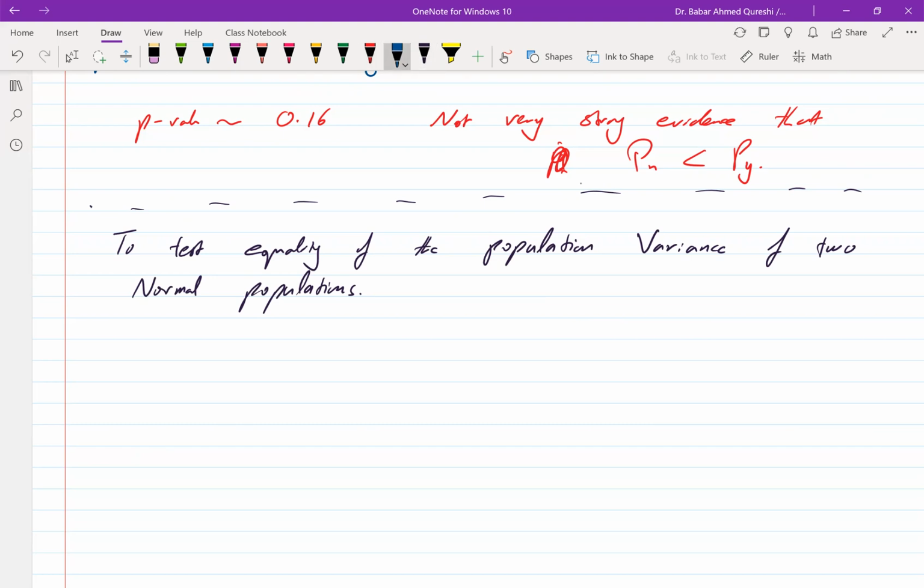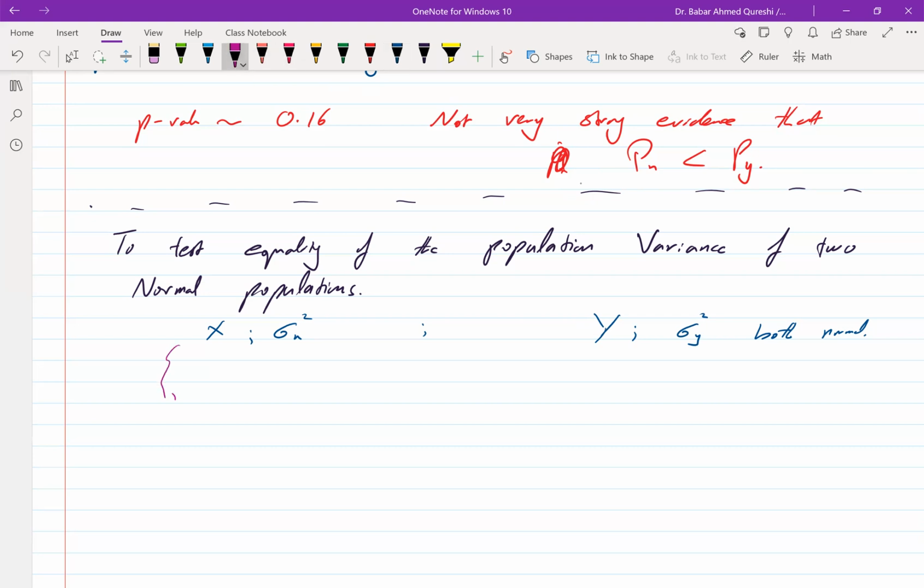So all you know is that the two populations are normal. Then what you will have, if you pick a sample from X, so you have X and Y, two populations, both normal. So there will be some population variance for population X and some population variance for population Y.